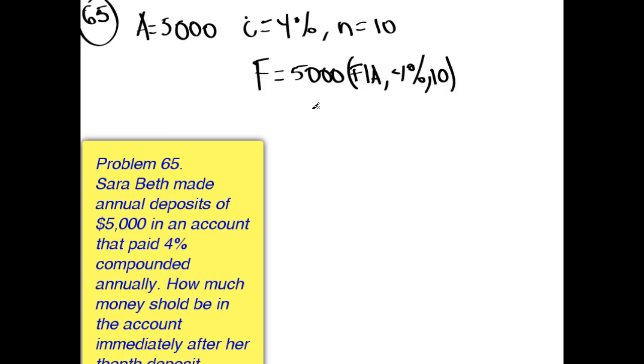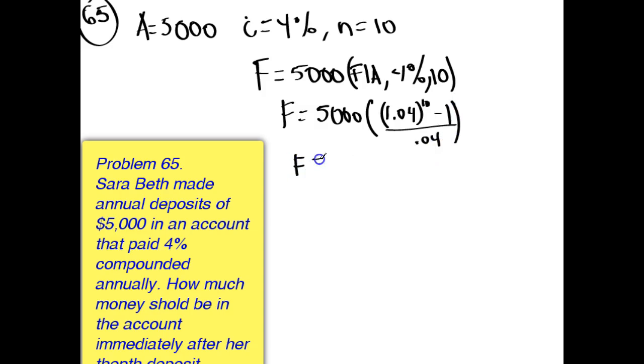The computations associated to that are 5,000 times 1.04 to the 10 minus 1 divided by 0.04.